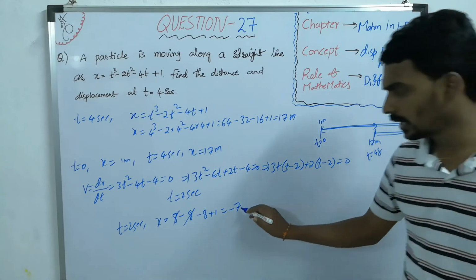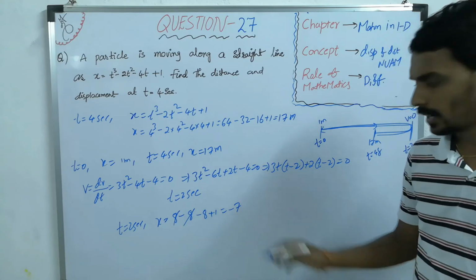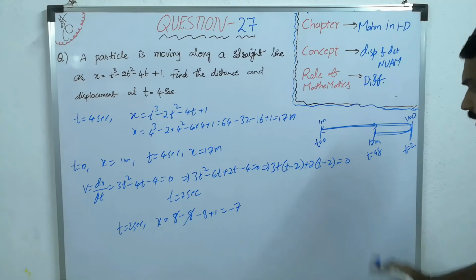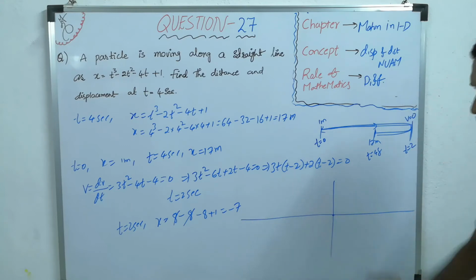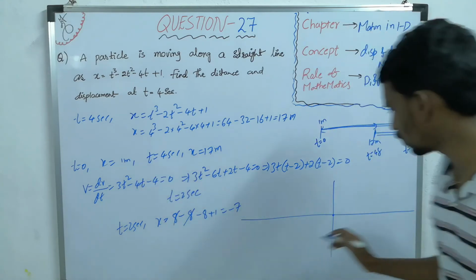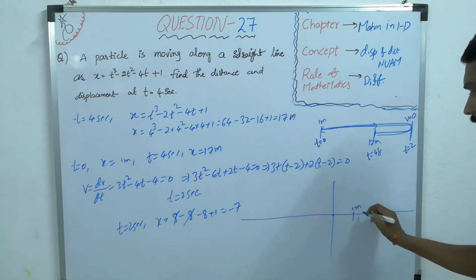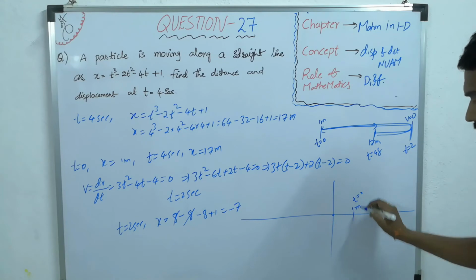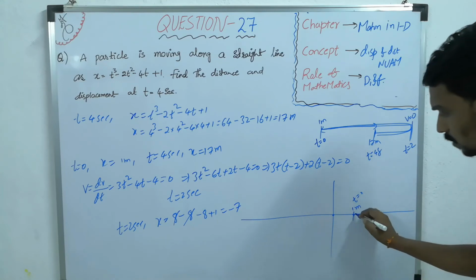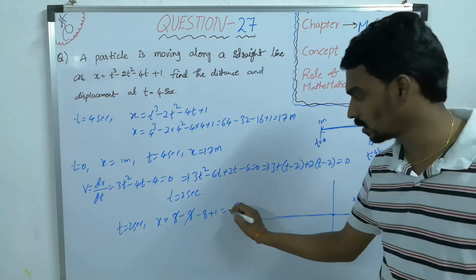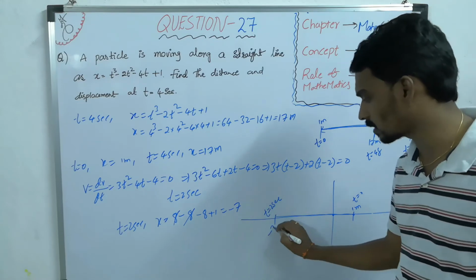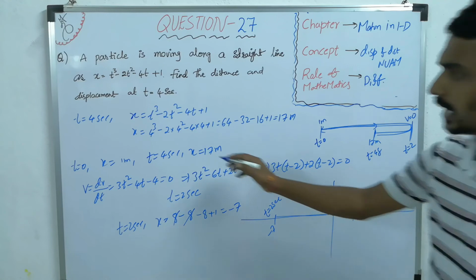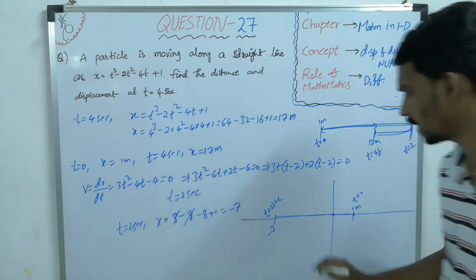That means it is moving along the negative x-axis first. So draw the origin. It is at x equal to 1. Here at t equal to 0 it started. Now it is moving towards the negative x-axis, and at t equal to 2 seconds it is at minus 7. And at t equal to 4 seconds it is at plus 17.